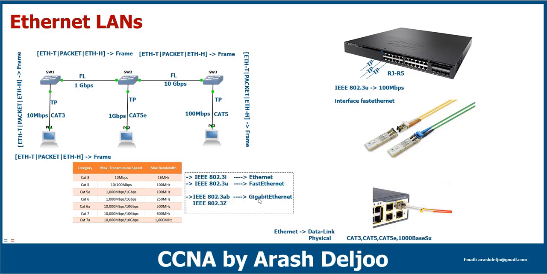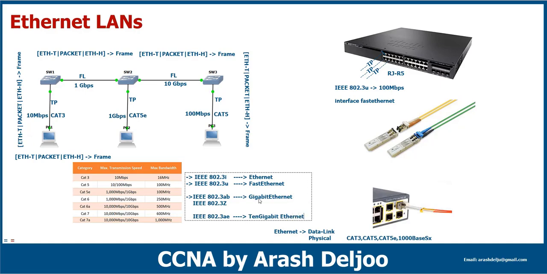For example, you know that we have one standard IEEE, I showed you in the previous video, 802.3ae. All of them are starting with the IEEE 802.3 because this is the Ethernet standards. And after that, we can say for example, this is the 10 gigabit Ethernet.